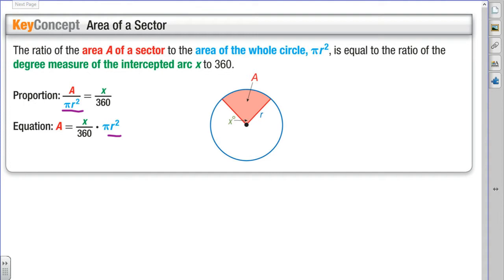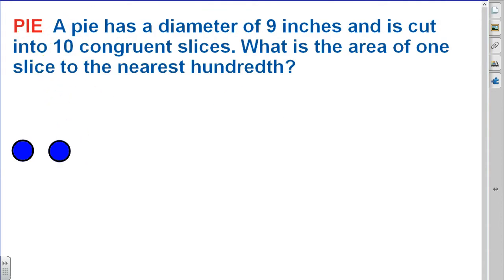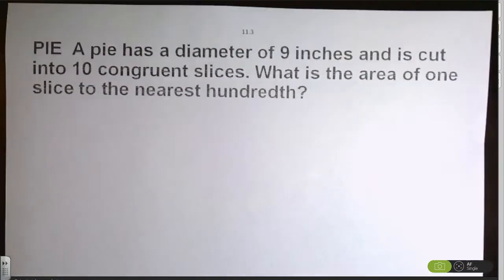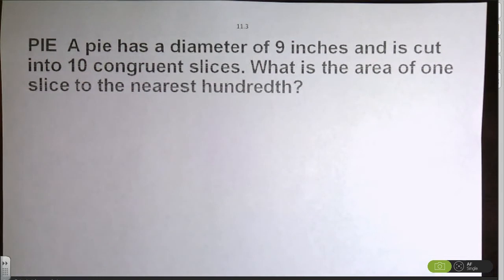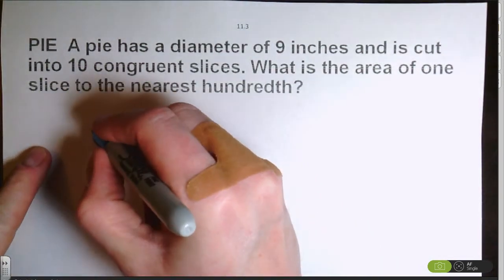Okay, so here we go. First example. A pie has a diameter of 9 inches and is cut into 10 congruent slices. What is the area of one slice to the nearest hundredth? So here's Mr. Moyer's poor attempt at drawing a circle.